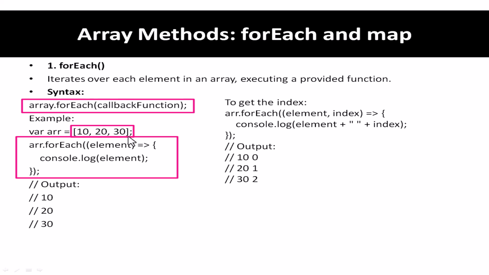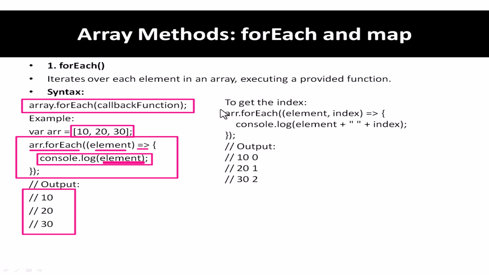Now array.forEach element: element is an identifier which traces whatever values are inside the array. Now console.log element means whatever elements are there, 10, 20, 30, will be printed as the output.